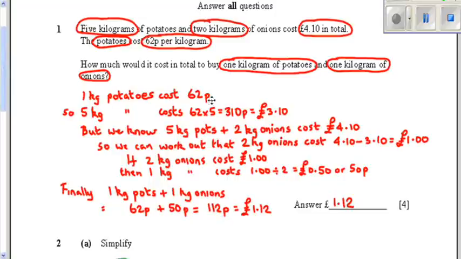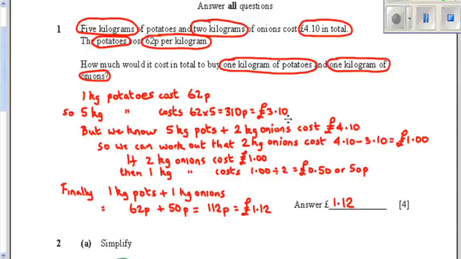So let's write down what we know. 1 kilogram of potatoes costs 62p, so 5 kilograms, which is what we want up here, must cost 62p multiplied by 5, which is 310p, and we usually write that as £3.10. But we already know that the 5 kilograms of potatoes plus the 2 kilograms of onions cost £4.10.